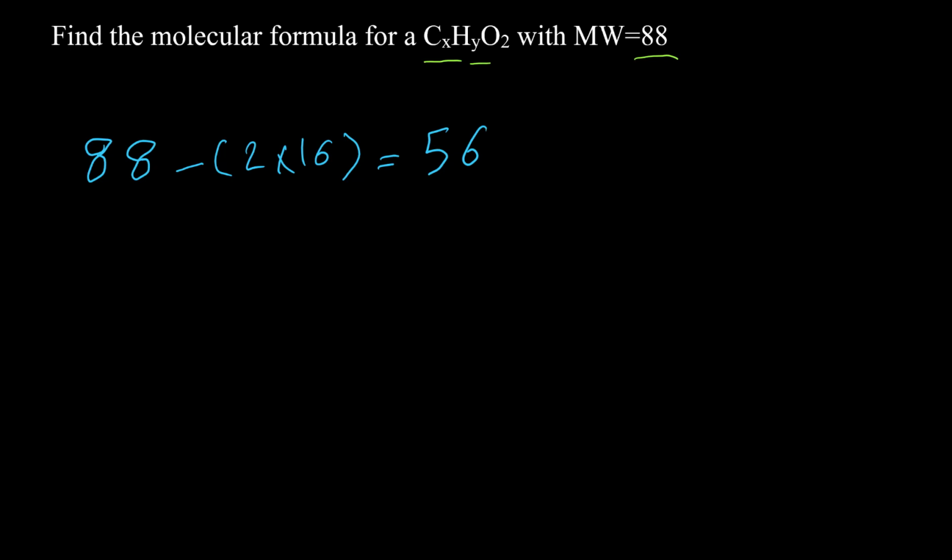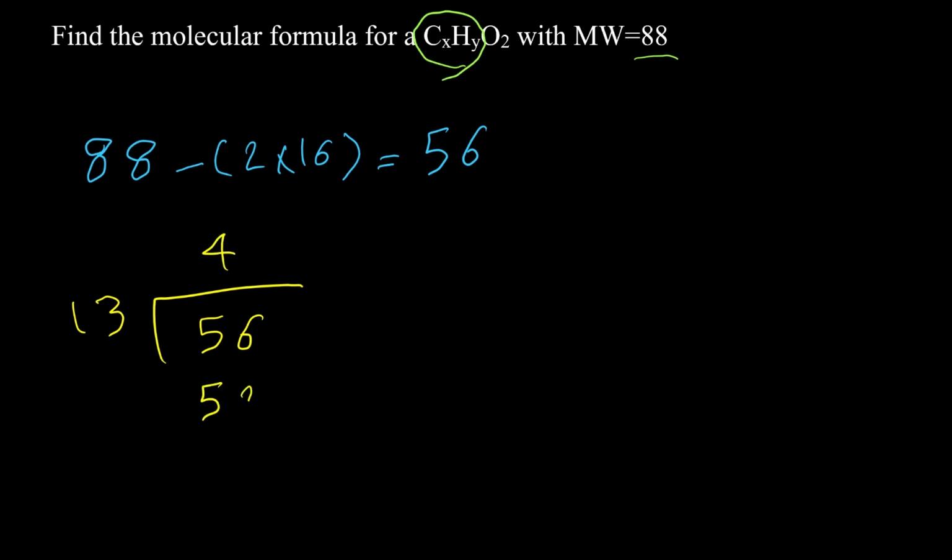So we know 56 is the mass of carbon and hydrogen in this compound, not the whole molecule. Then we do calculation on 56 using rule of 13, dividing 56 by 13. The answer is 4. Then we have 52 here. 4 times 13, 52. And remainder is 4.